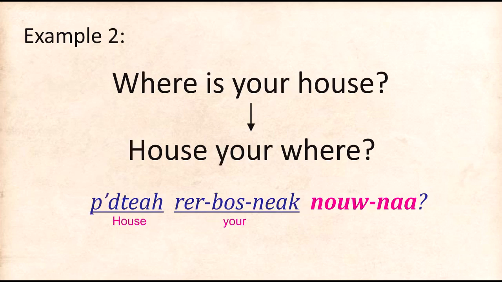Example number 2. Where is your house? In Khmer you say house, your, where. There is a verb to be, is.